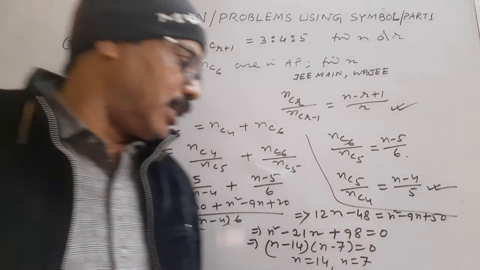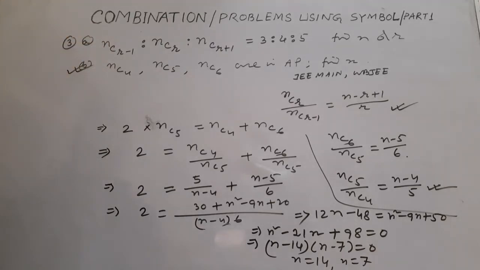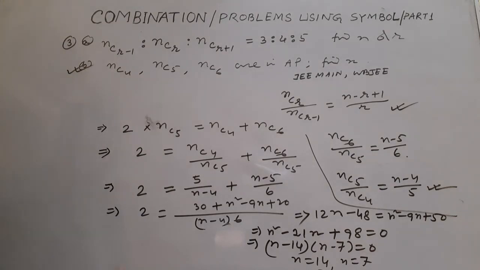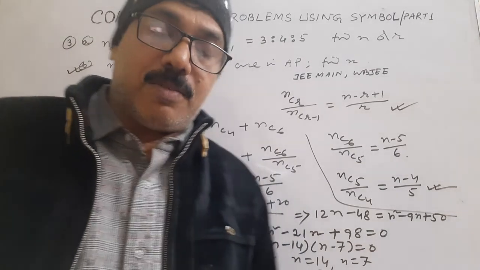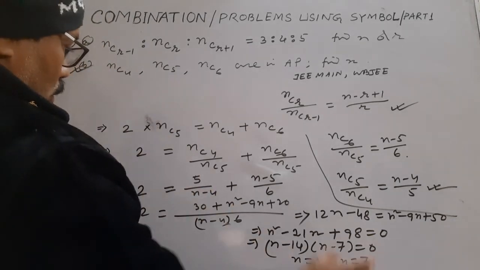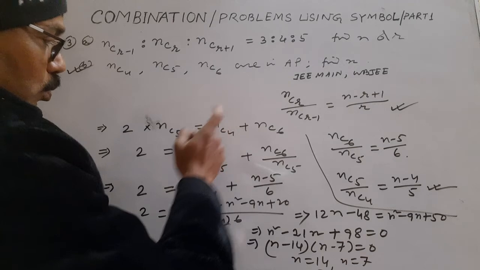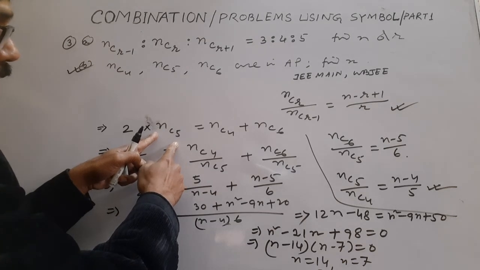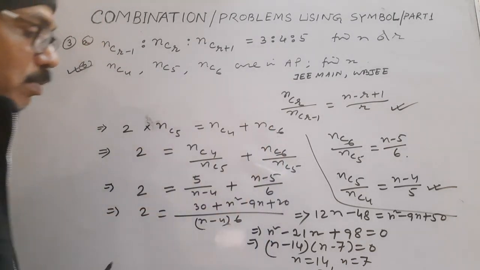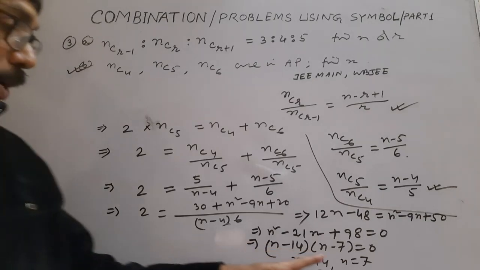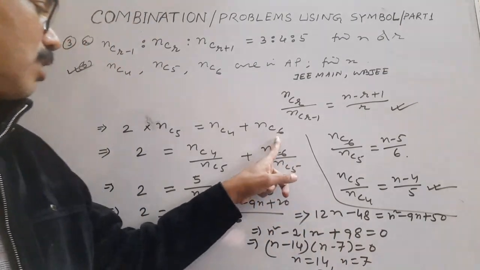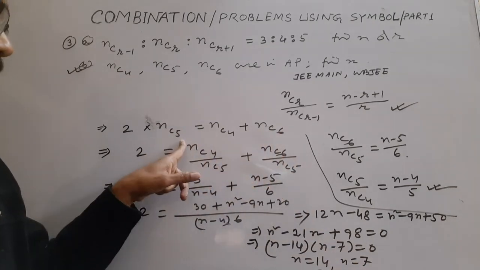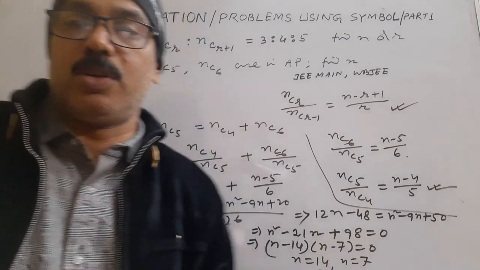Both are positive integers, so you can take both 14 and 7. But if you got n as 4 or 5, it is not possible, although it is an integer, because 4C5 is not defined, 5C6 is not defined. So n must be greater than the suffixes. Here n is 7, greater than 6, 4 and 5. So n equals 7 is also possible.